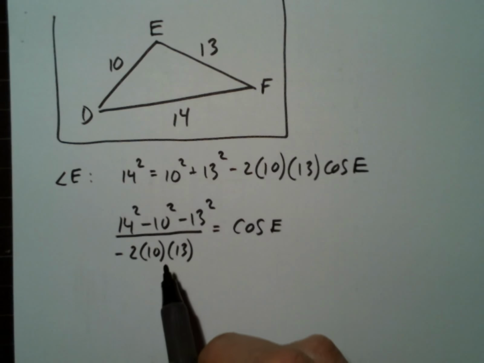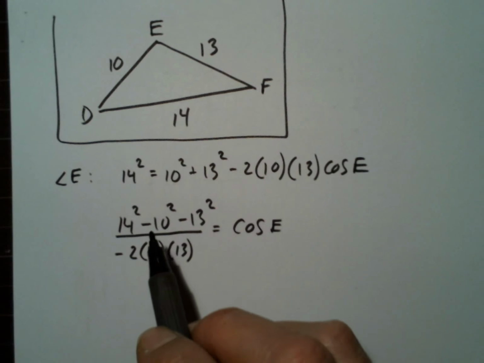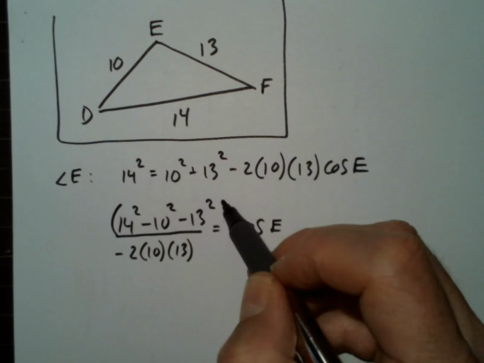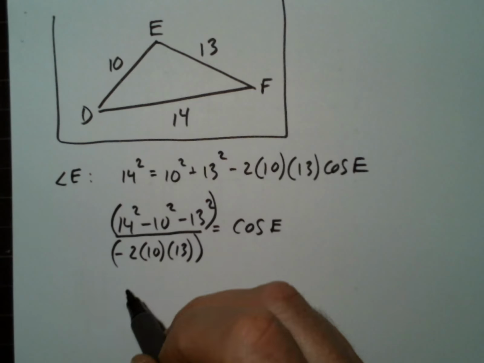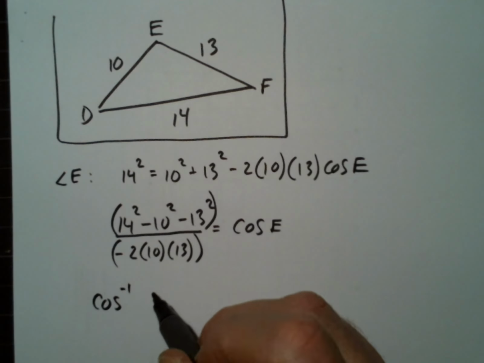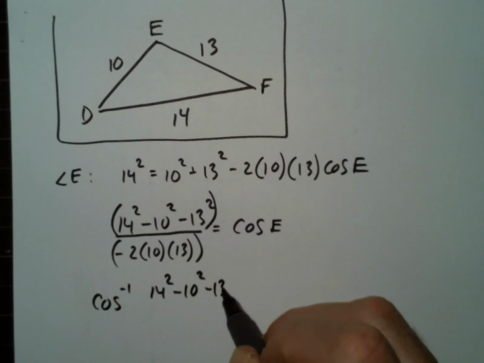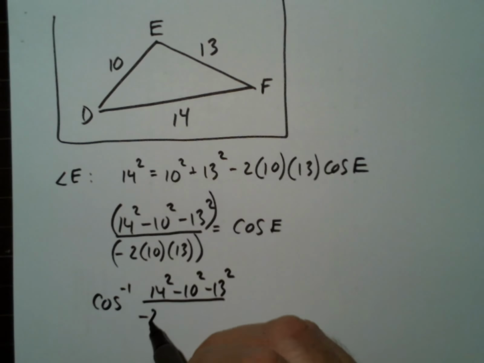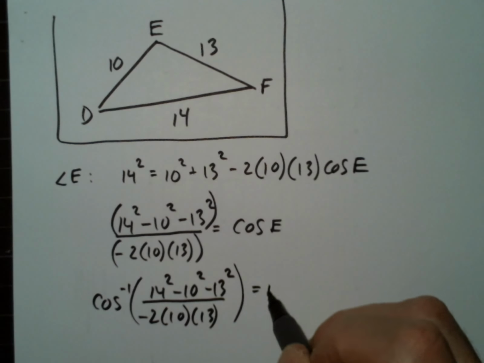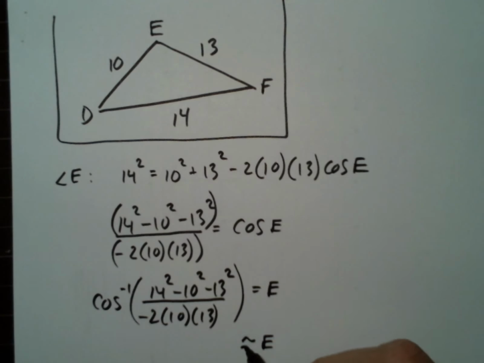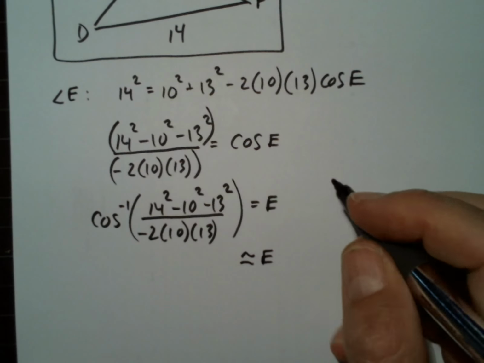Depending on which calculator you're using, if you type this the wrong way, you get the wrong answer. So make sure you put parentheses in the numerator and parentheses in the denominator. And we get 73.694.